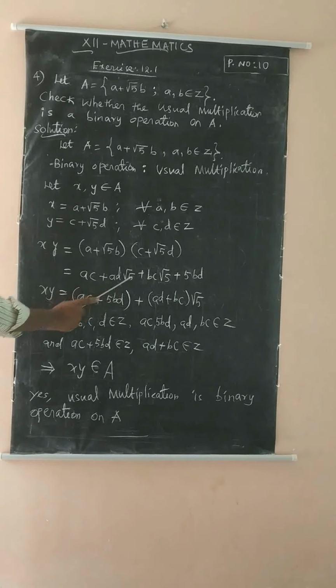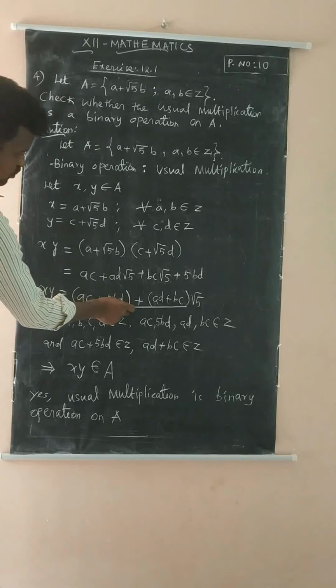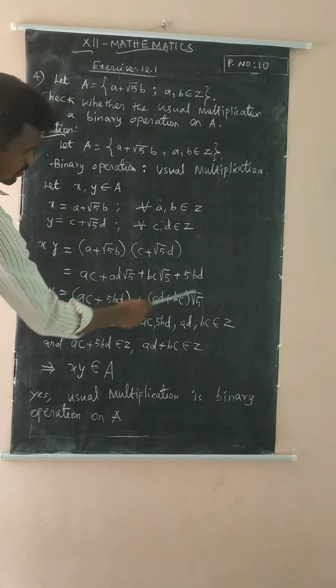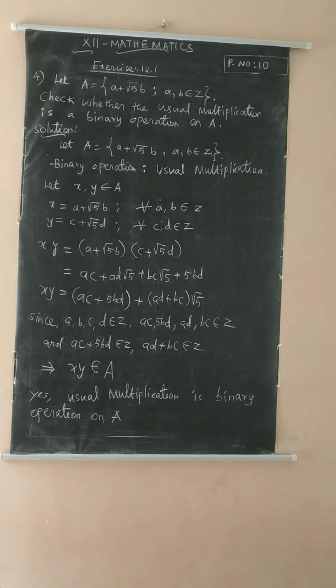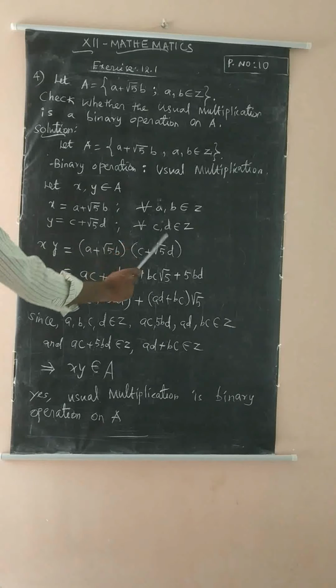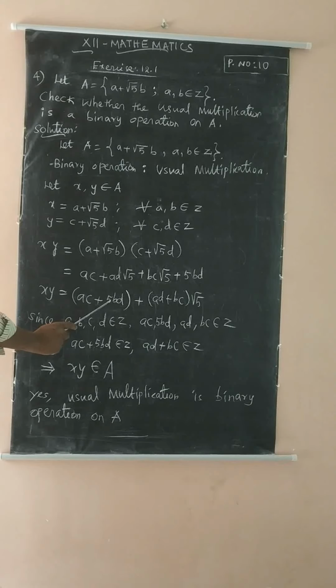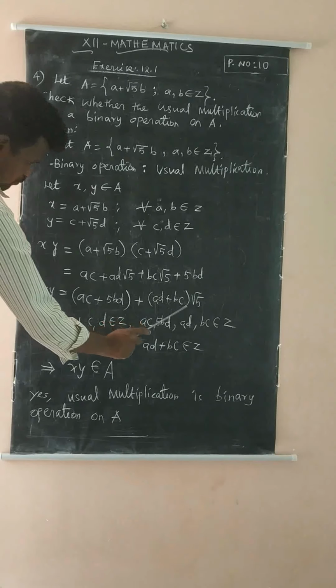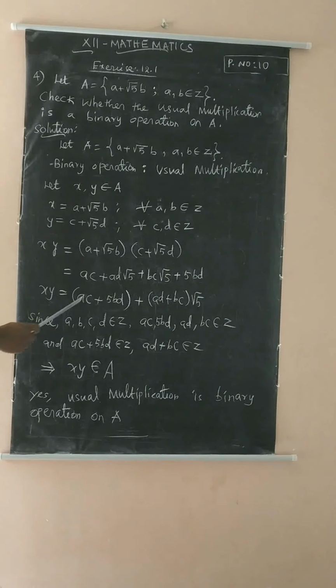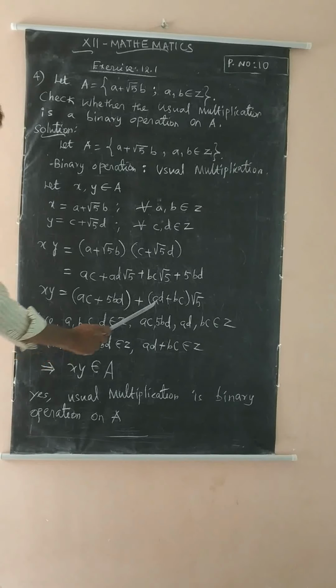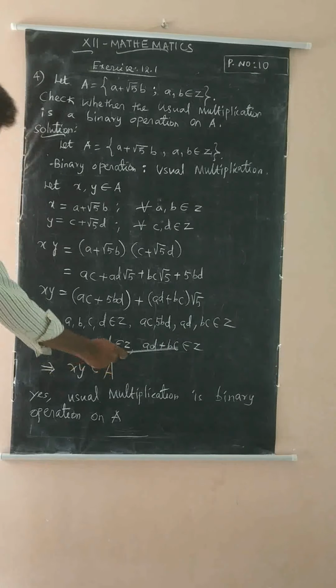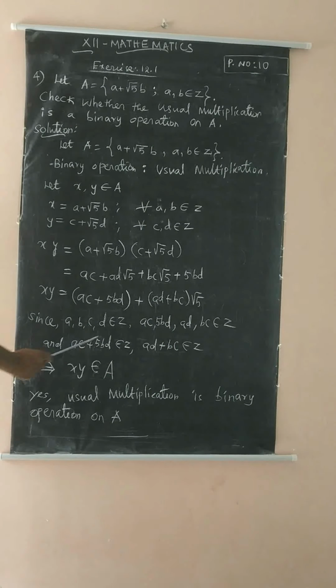Then take root 5 common: a d plus b c, root 5. Since a, b, c, d belong to Z, a c plus 5 b d and a d plus b c are integers. The sums of these integers are also integers.